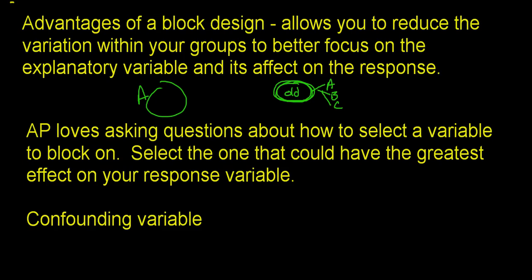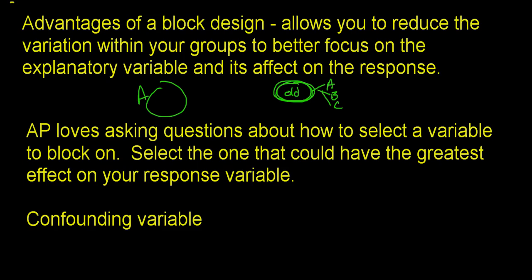The AP loves asking questions about how to select a variable to block on. Just make sure you select the one variable that has the greatest effect on your response variable. I remember a question where they were trying to use a new medication versus an old medication to help dogs with hip and joint pain. And they said, do you want to block on the breed of dog or block on the vet that they go to?